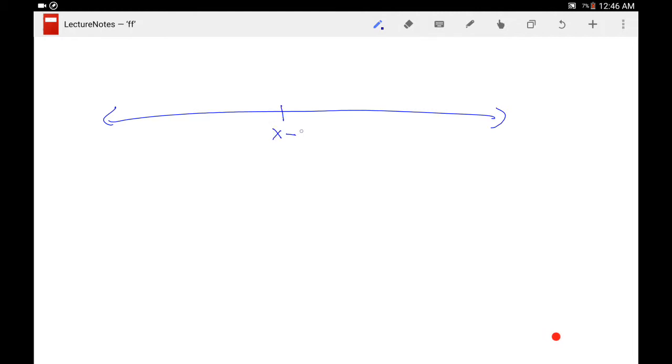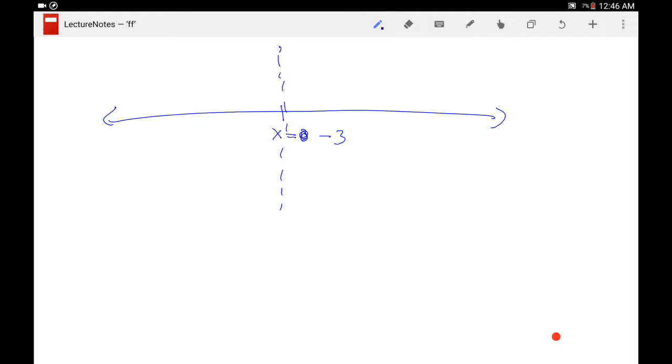You can easily mark that. When you mark the x-intercepts, it's going to divide the number line into intervals. Here there is only one x-intercept, so I will get 2 intervals.